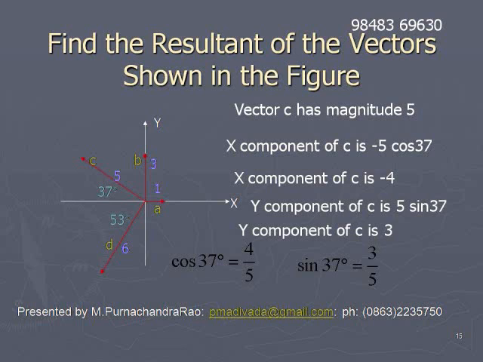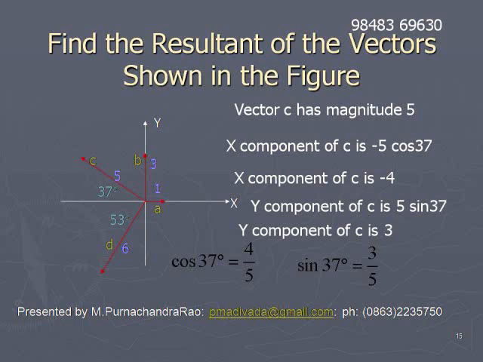The y component of C lies along the positive direction of y-axis. It is 5 sin 37. Resolving C into two perpendicular components along x-axis and y-axis, the component along x-axis is 5 cos 37, along y-axis is 5 sin 37.